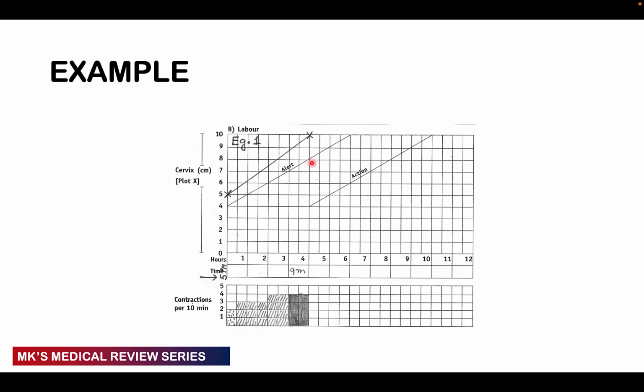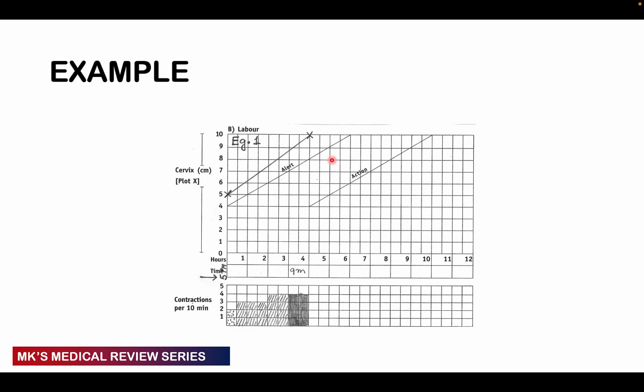But if you actually were to see where this plot should go, if there were 8 centimeters and you started plotting at 5 centimeters, 4 hours later, 1, 2, 3, 4, the 8 centimeters will come here, meaning that she's on the right side of the alert line and she's almost reaching the action line. So it means that she has crossed this alert line, and we must be vigilant in this particular woman. So this is one very common error that people often make when plotting the partograph.